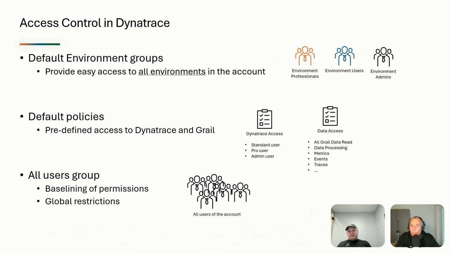What we also have is the all users group. This is a more advanced feature, but also relevant because it helps you to baseline permissions or apply global restrictions, like, for example, the privacy topic that we talked about before. You could use the all users group to baseline and say nobody is allowed to read critical credit card information.